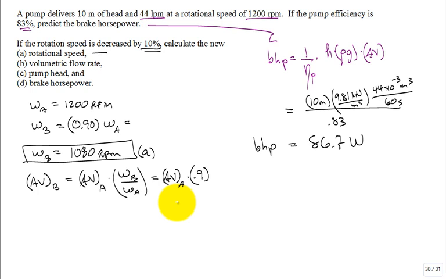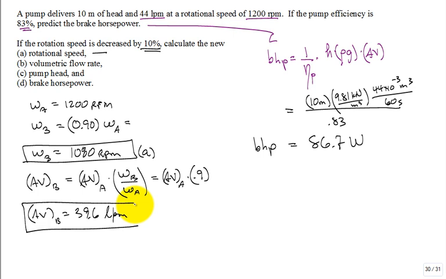So the volumetric flow rate was 44 liters per minute, and the volumetric flow rate of the new case is 39.6 liters per minute. True?